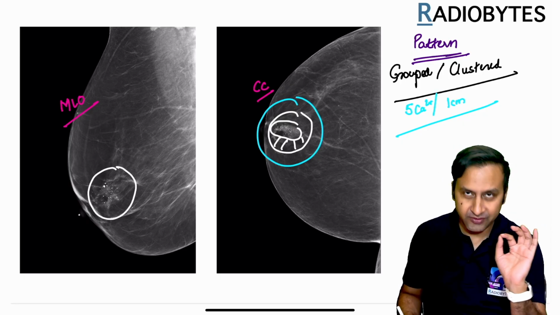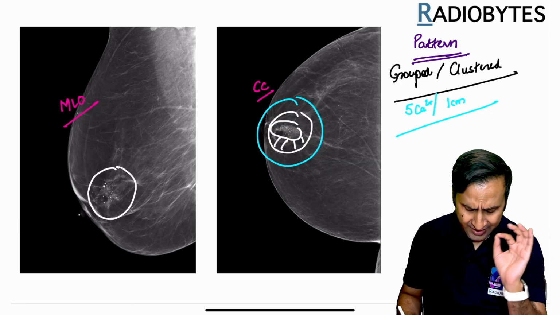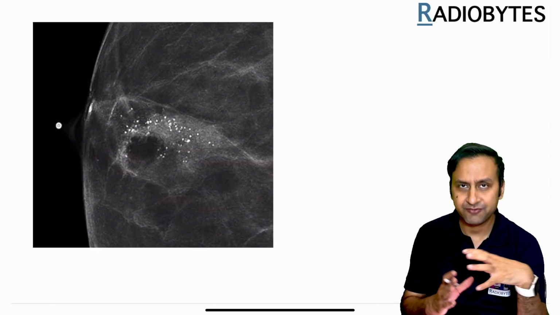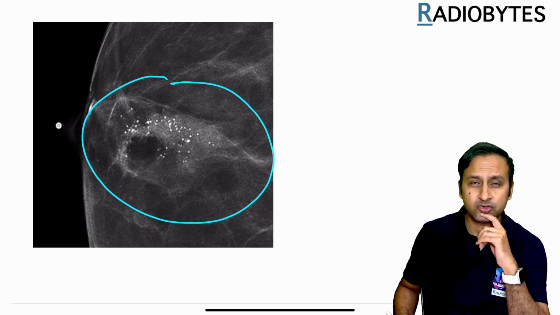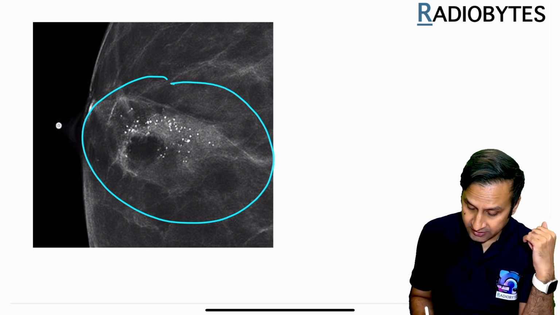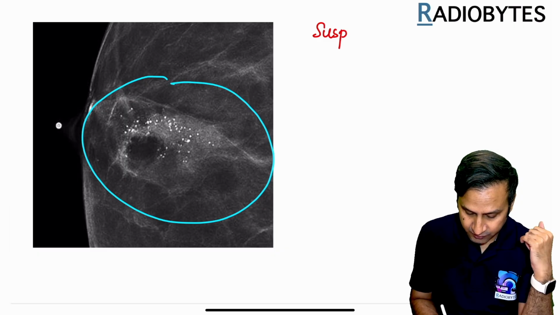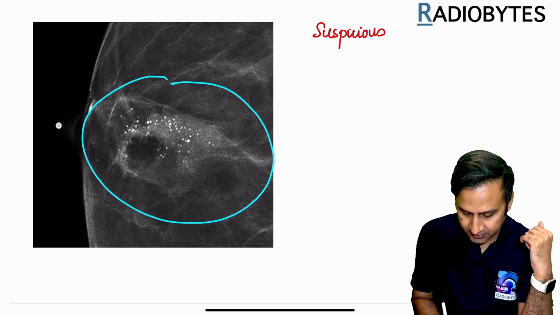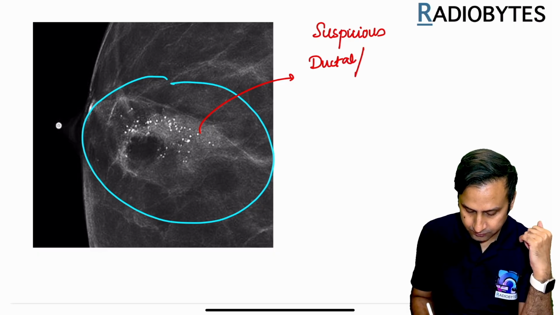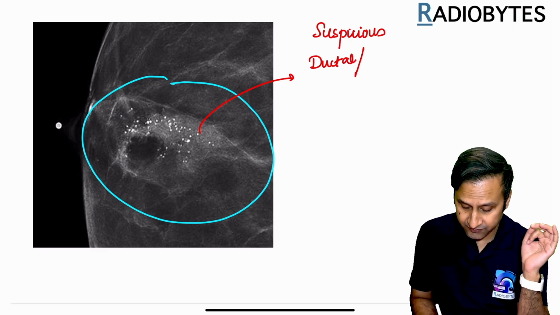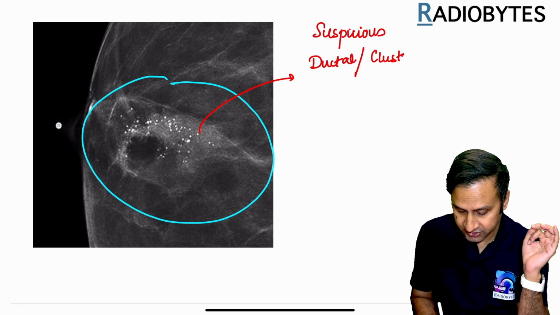Now, let's forget about the definitions. Have a look at this particular case. I've just magnified it for you, and tell me whether these type of calcifications look suspicious to you or not. To me, they definitely look very, very suspicious, because this distribution pattern is, number one, a ductal pattern. Number two, it is also having a number of calcifications at a small place, clustering.